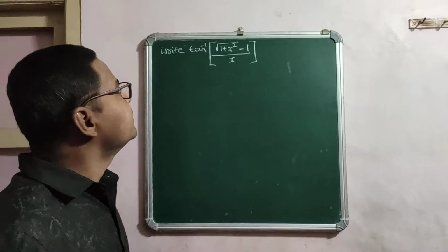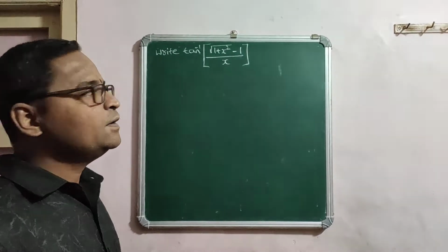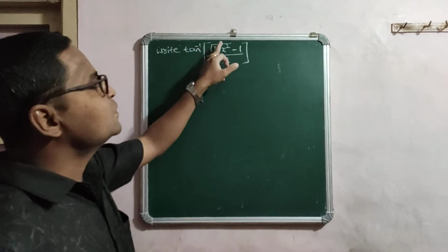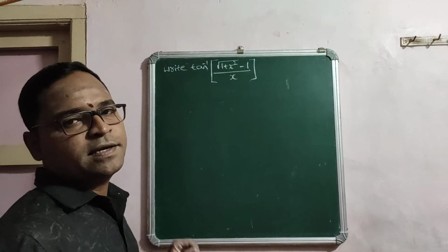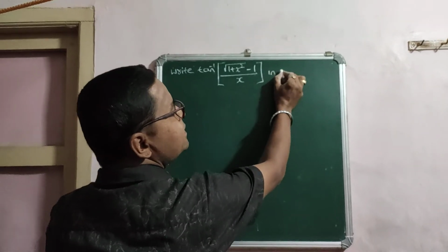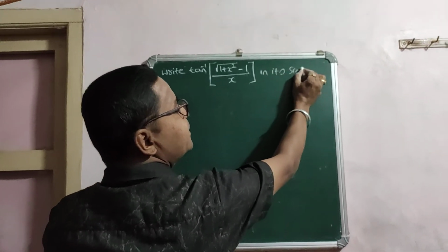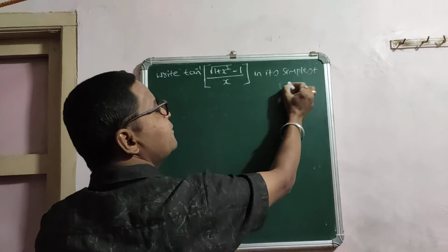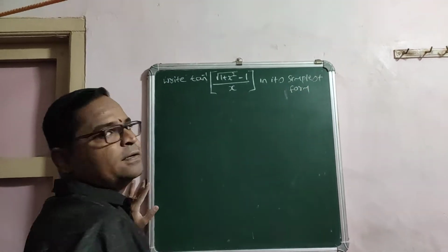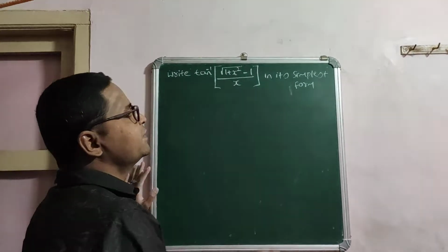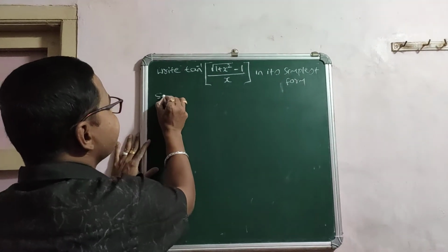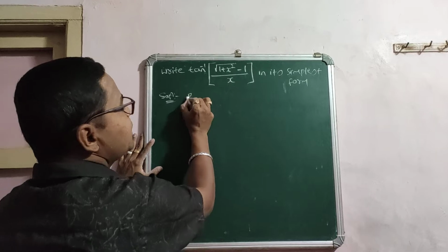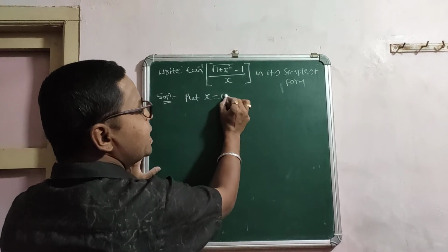See here, the question is we require to write tan⁻¹((√(1 + x²) − 1)/x) in its simplest form. As we have observed, whenever we observe 1 + x², put x = tan θ.